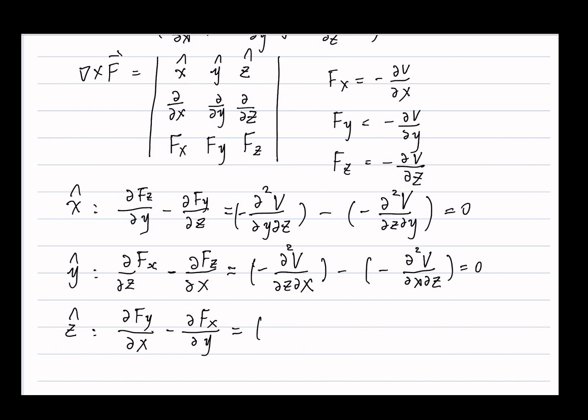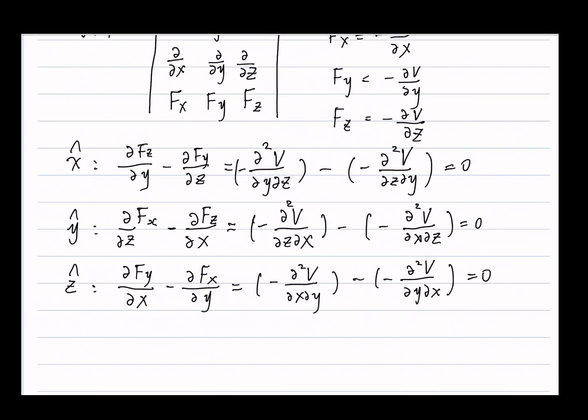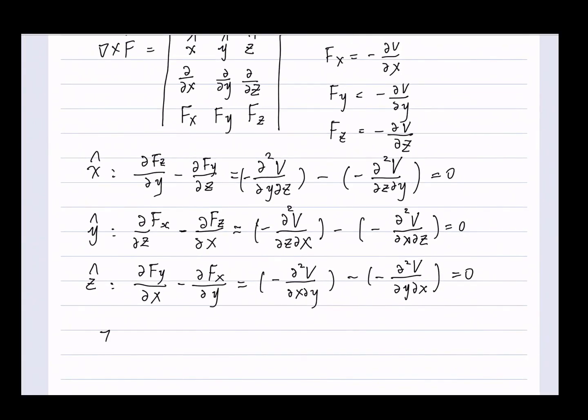Here should be minus partial squared V partial x partial y, and minus again the same partial y partial x. This gives 0. So eventually this means that del cross F equals 0.